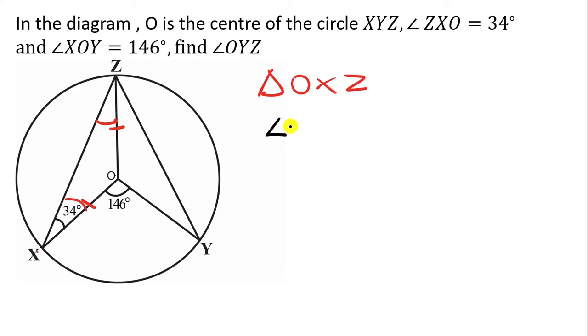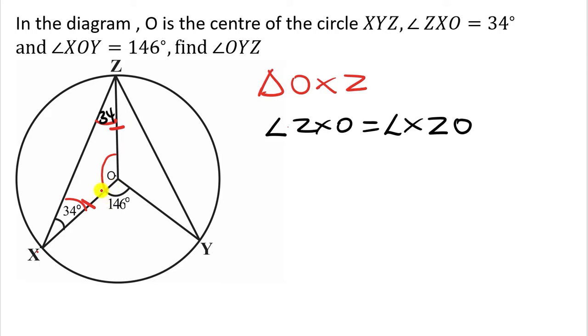In that case, angle ZXO is the same as angle XZO, that is 34. So this side too is going to be 34 degrees. Then we can try finding the angle here.